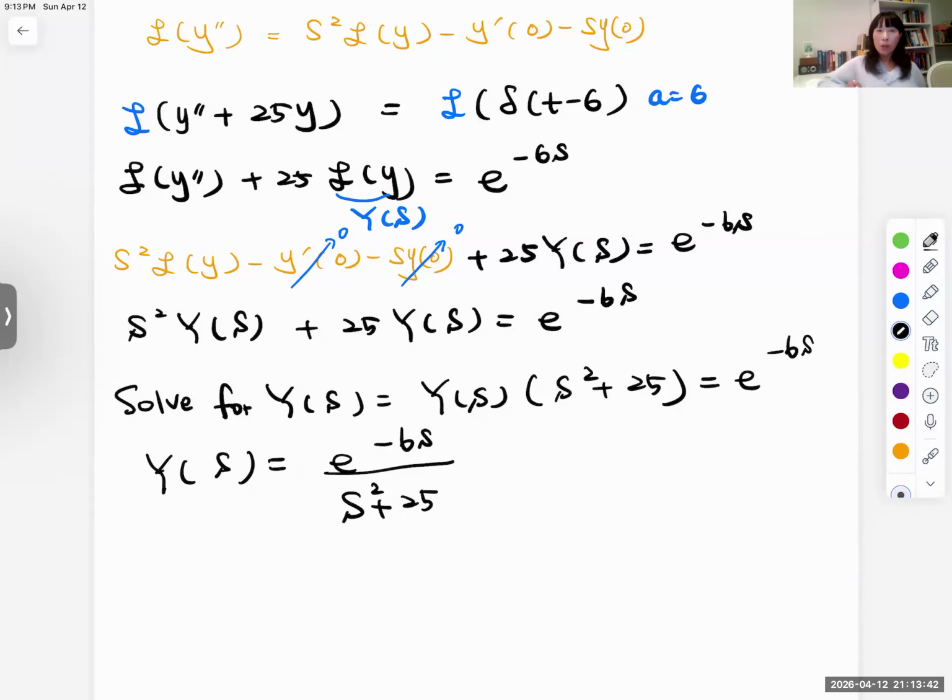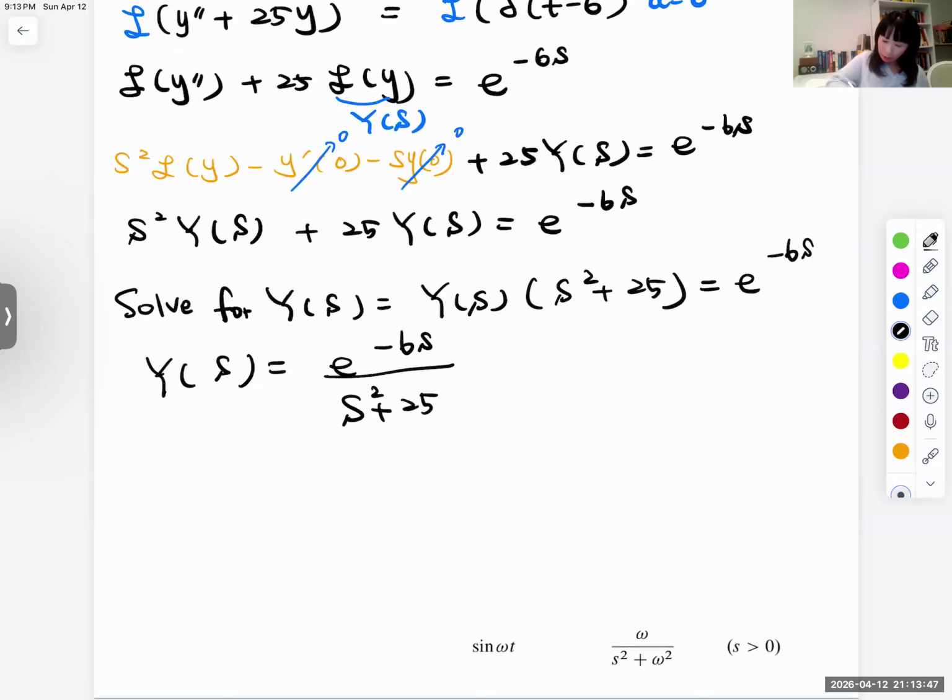Now we take the inverse of that, the inverse of everything inside.